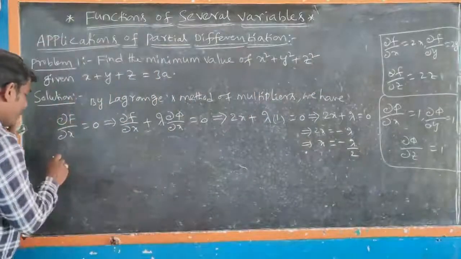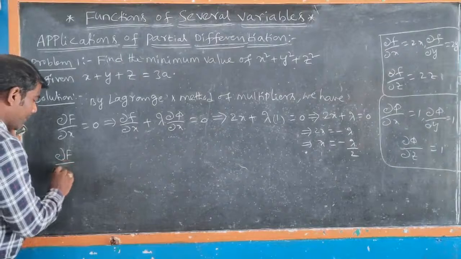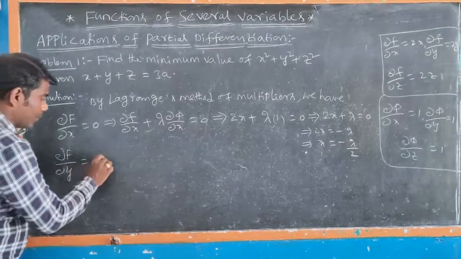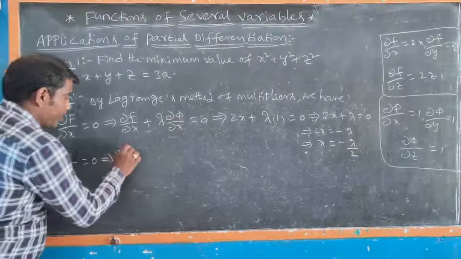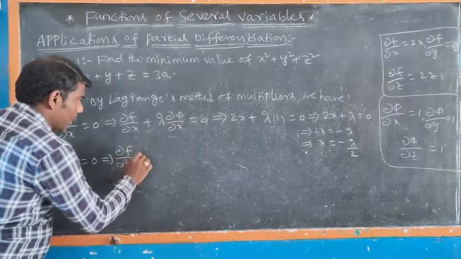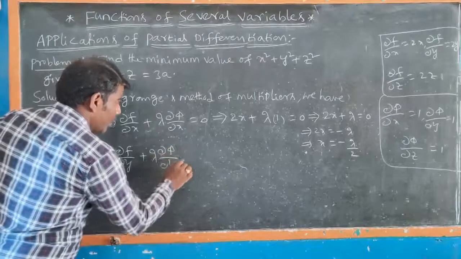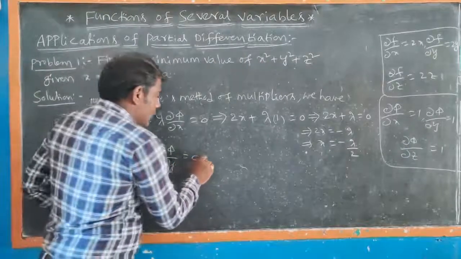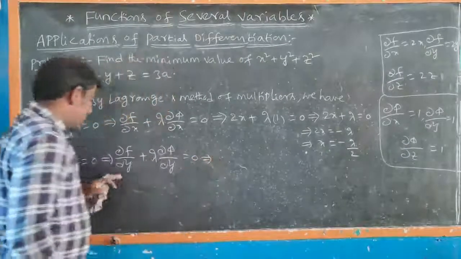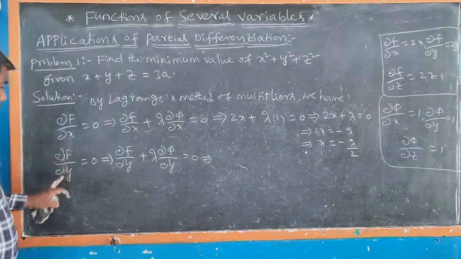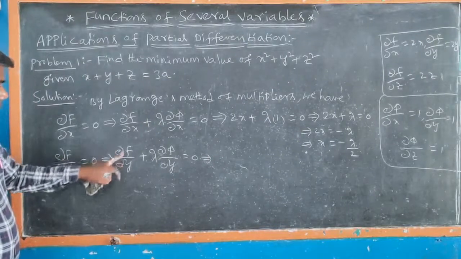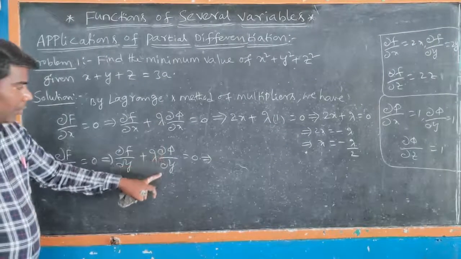Next, ∂F/∂y is equal to 0. That implies ∂f/∂y plus lambda into ∂φ/∂y is equal to 0.